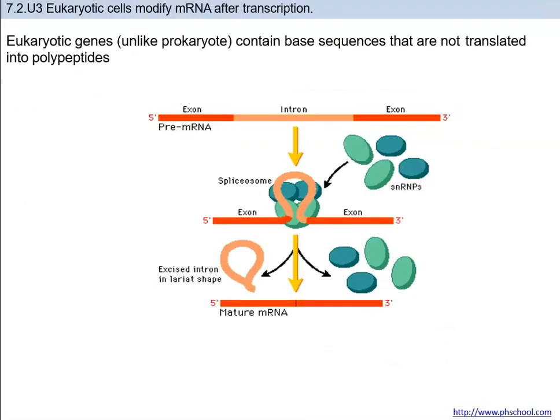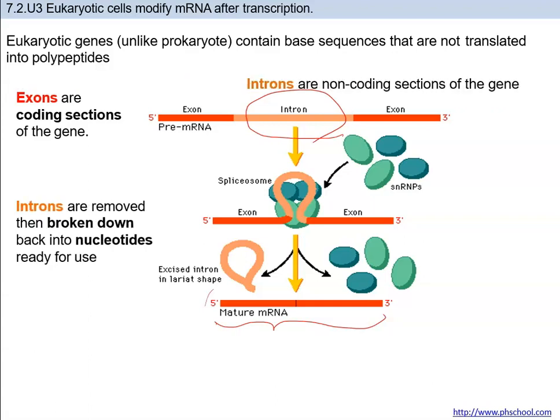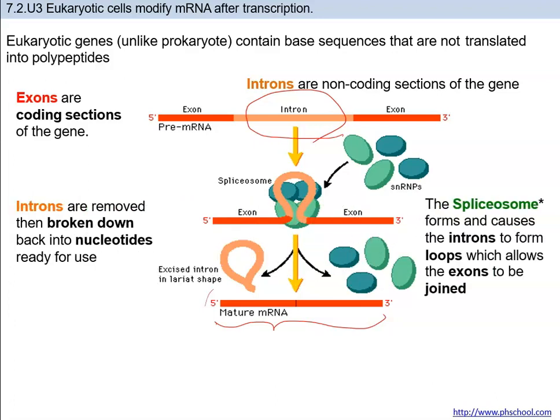And this is the structure of intron and exon. As I already explained, exon is extremely important, so exons will be kept, and the introns will be spliced out by the spliceosome complex, and it will become a mature mRNA. So exons are the coding sections, introns are non-coding, and introns will be removed.